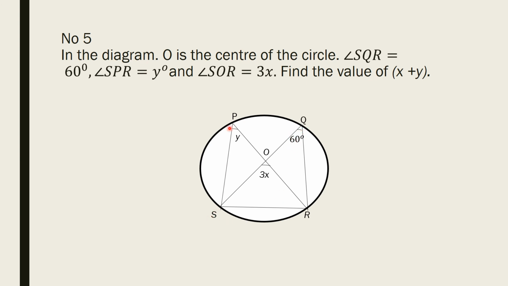We have angle SPR, which is y, and we also have angle SOR, which is 3x. We're asked to find the value of x plus y. I mean, we're going to find x and also find y, then sum them together. So let's do that now.